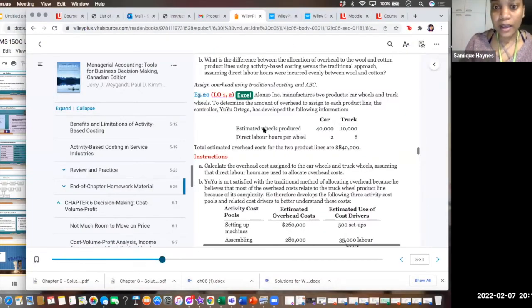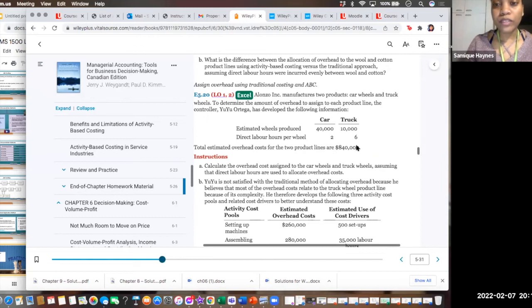So estimated wheels produced are 40,000 for the car, and they produce 10,000 wheels for trucks. Direct labor hours per wheel, they use 2 direct labor hours to produce one of these wheels. And they use 6 direct labor hours to produce one of these wheels. The total estimated overhead costs for the 2 product lines are $840,000. Now let's just stop there.